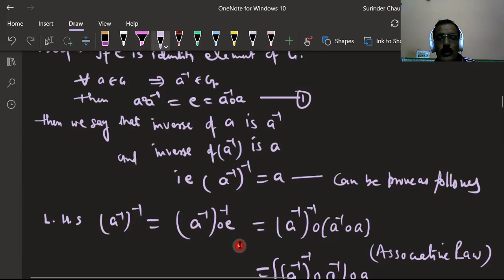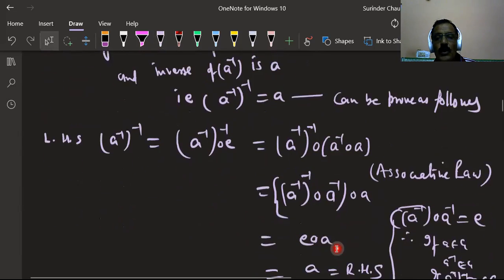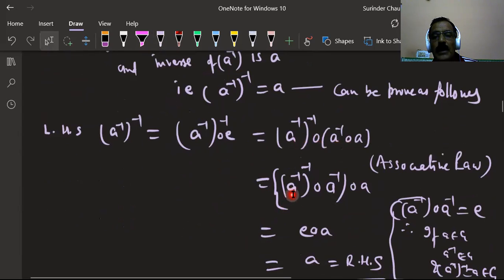Now the associative law holds true here, so this can be written as a inverse inverse composition with a inverse composed with a. Since a belongs to G, a inverse belongs to G, and the inverse of a inverse also belongs to G. So a inverse composition with a is equal to E. Substituting here, E composition with a is equal to a.